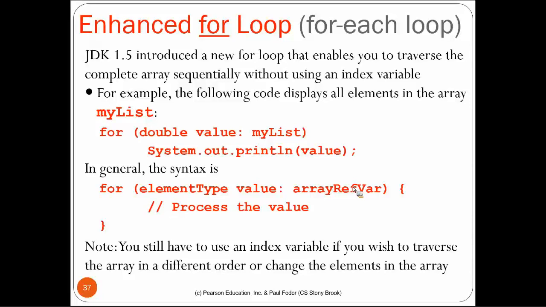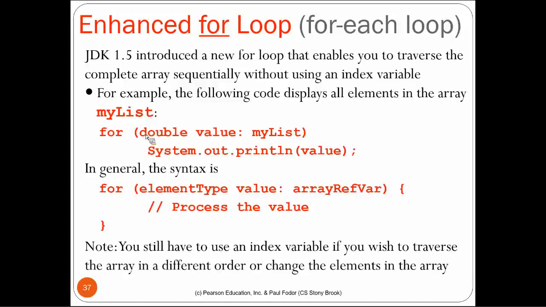However, we cannot use this new variable to assign new values to the primitive type arrays. The reason for that is that we actually have a copy of the element in the array. So we cannot assign a new value to that variable and actually modify the elements in the original array.